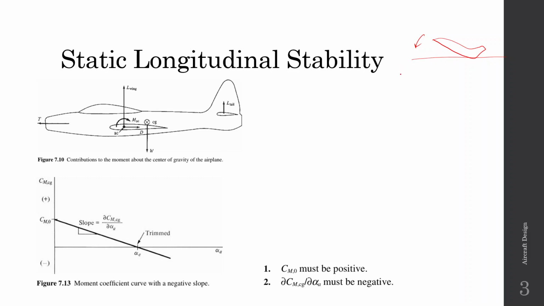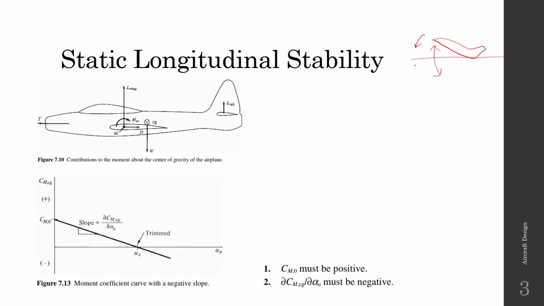Now this is in contrast with dynamic stability. Dynamic stability considers how fast the aircraft comes down, or how long it takes to settle down. If the aircraft has pitched up and there is a restoring force, the restoring force may overshoot, so the aircraft may oscillate about this line.